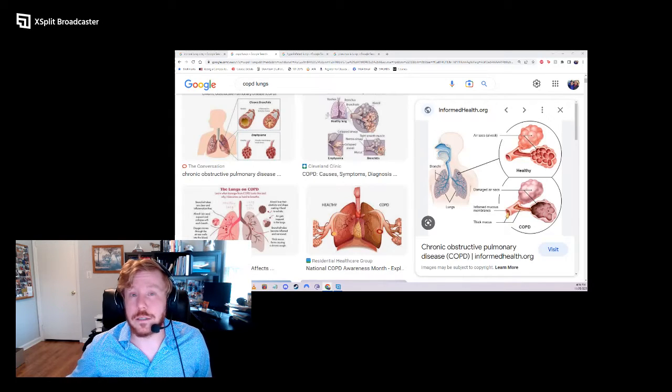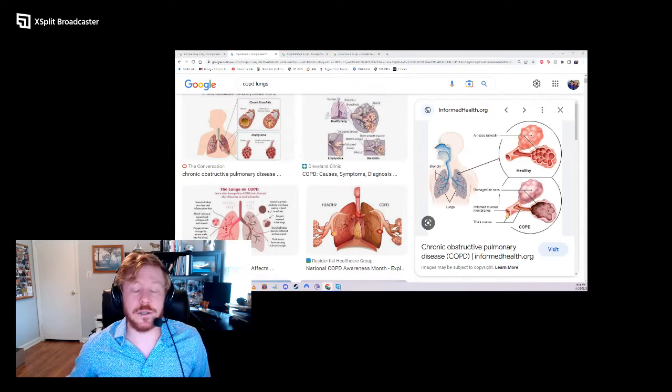Some people might need surgery for their lungs. You can take out some severely affected emphysemic parts of the lung to help them function better. Once you have COPD, there is no cure. It's all about managing symptoms and managing flare-ups.